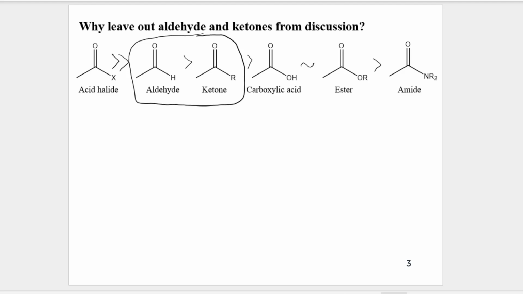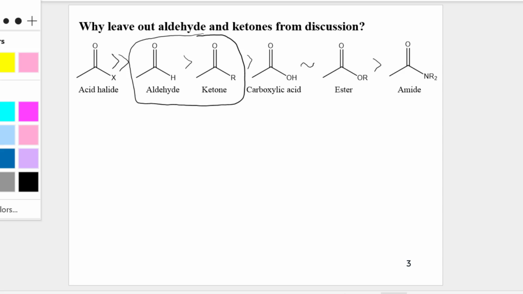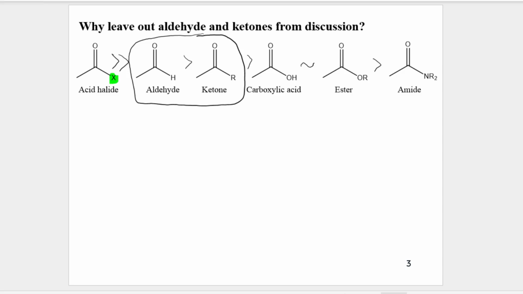Thus, we have a completely set aside chapter for aldehydes and ketones. So I'm not going to really be talking about aldehydes and ketones as the starting material in this chapter. We're going to concentrate on the types of carbonyls that have something other than carbon or hydrogen on one side.